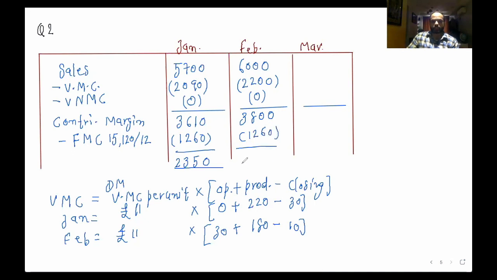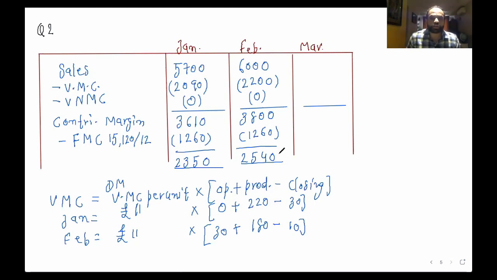So how much is the profit for the month of February? $2,540, right? That is the profit for the month of February.